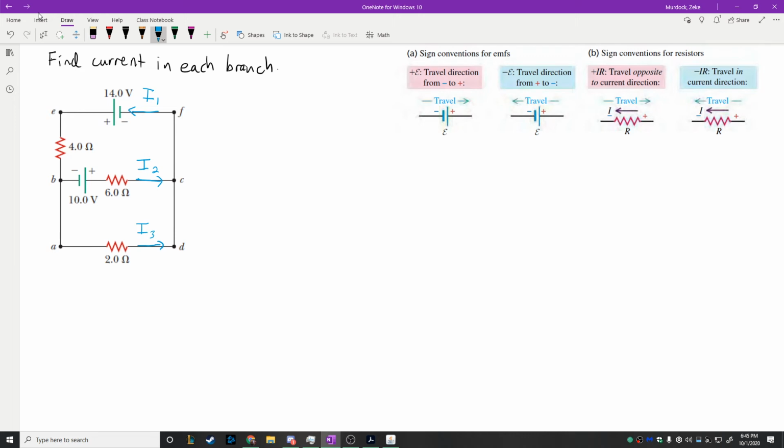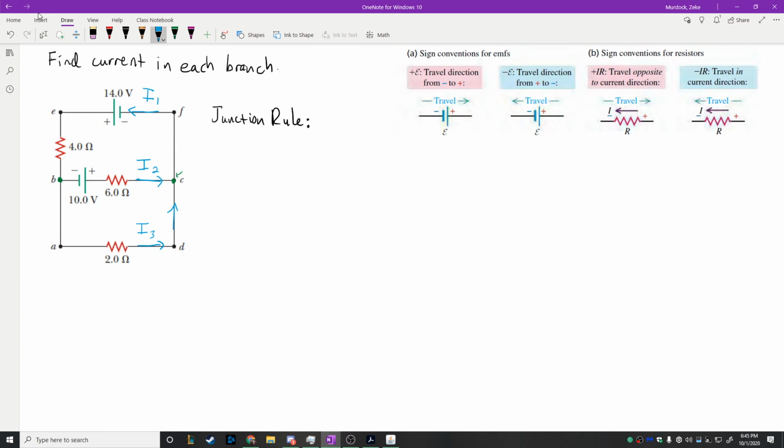The next thing that we can do is apply the junction rule. You don't need to write this down every time, but just to remind you which one we're doing, it tells us to look at junctions. The only places where you have junctions here are here and here. We're only going to use one of them. We're going to use C. At point C, I have I3 flowing in, right? I3 continues up this.